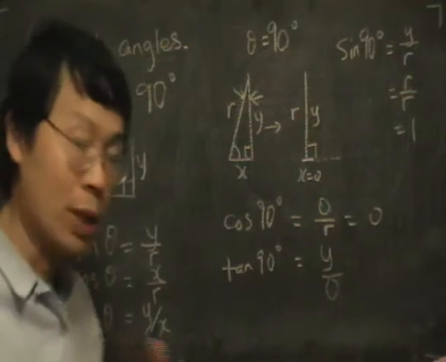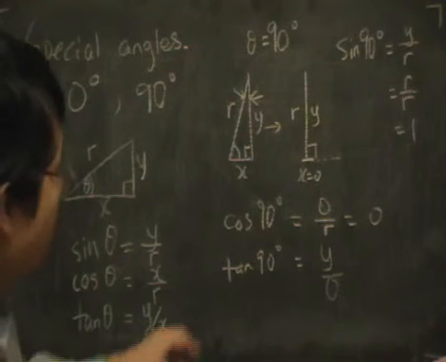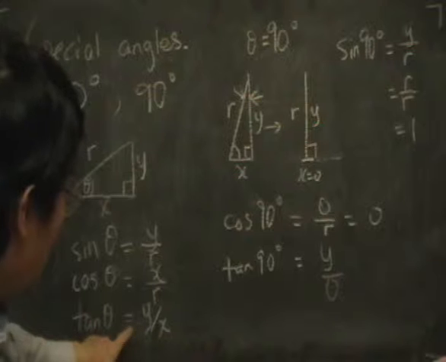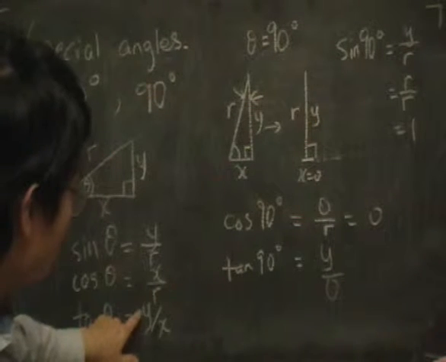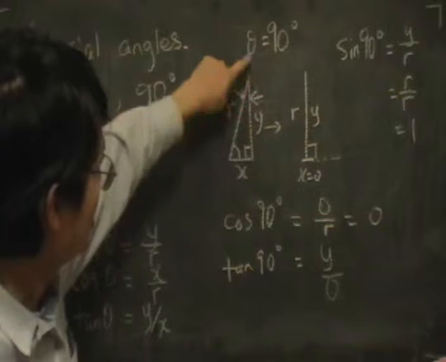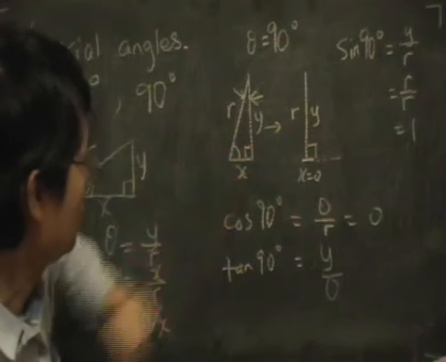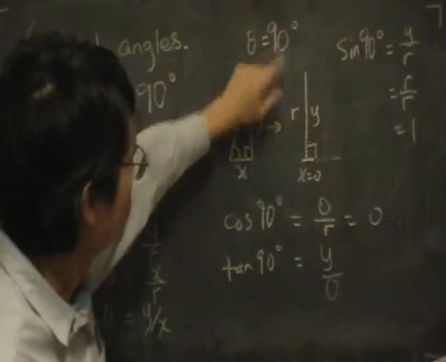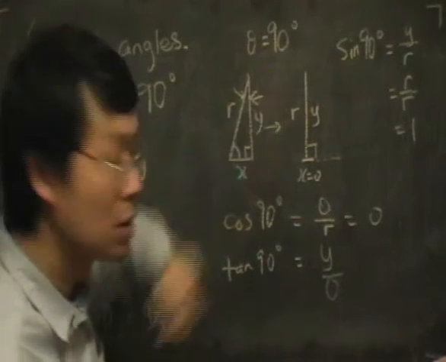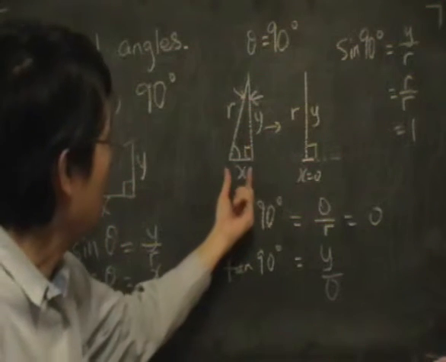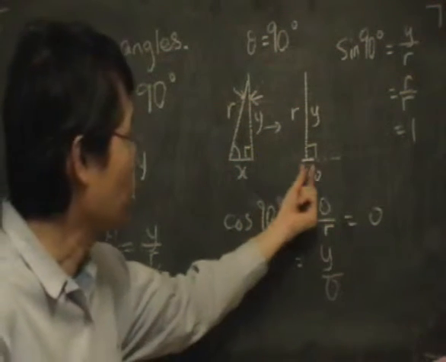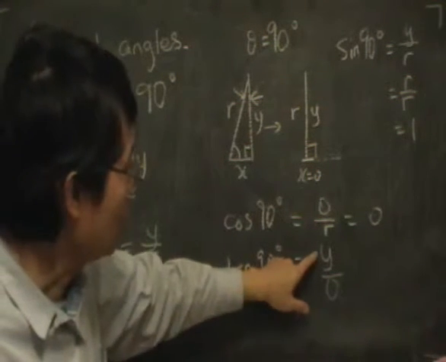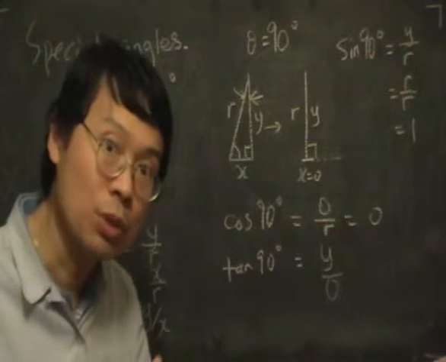but we can also think about it in another way. We know that tangent of the angle is y over x, is the opposite over the adjacent, and when the angle gets closer and closer to 90 degrees, you can imagine that the adjacent, the x, gets smaller and smaller. So this means that y is divided by a number that gets smaller and smaller.